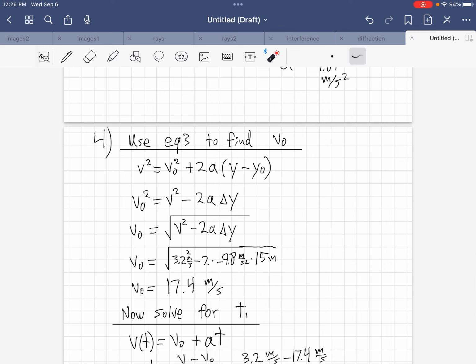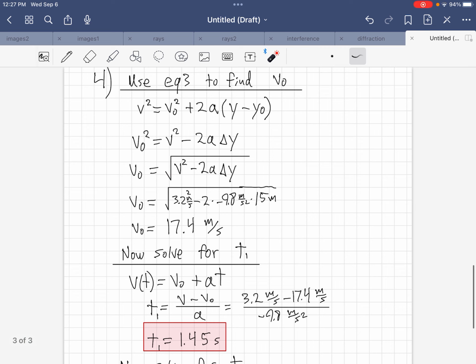I think it's neater and cleaner to rearrange the equation to what you want to solve for before you plug in numbers. So we start with this kinematic equation, move this term to the other side by subtracting, and then take the square root because we want to find v naught. Now that I've solved for the variable I'm interested in on one side of the equation, I'm going to plug in numbers.